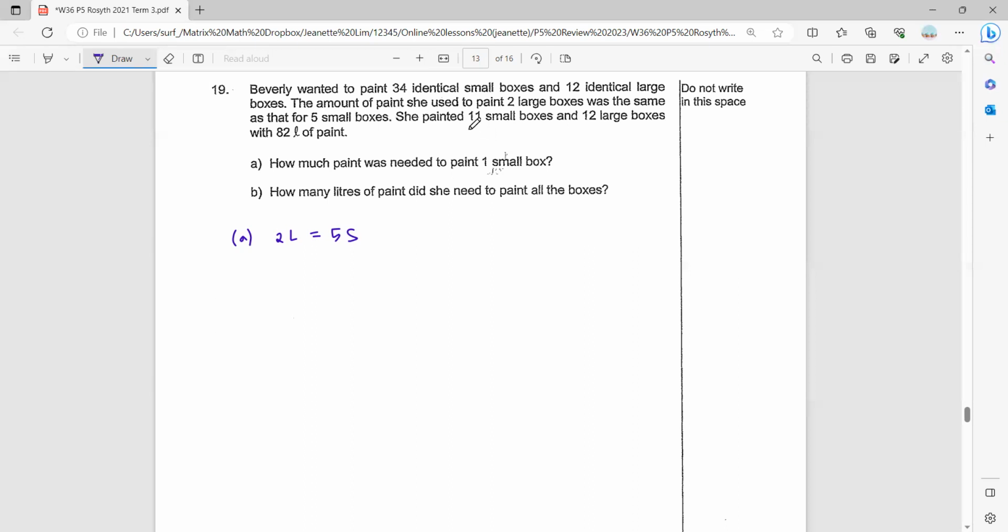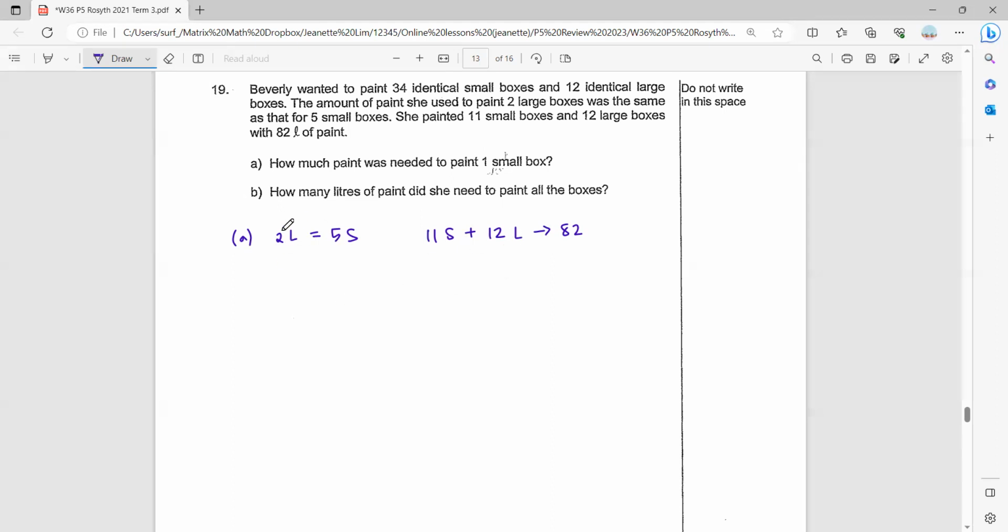Okay, so she painted 11 small plus 12 large with 82 liters. How much paint was needed to paint 1 small box? Okay, this is like simultaneous. So if I want to find the small, let's make the number of large the same, so that I can substitute it and remove it.